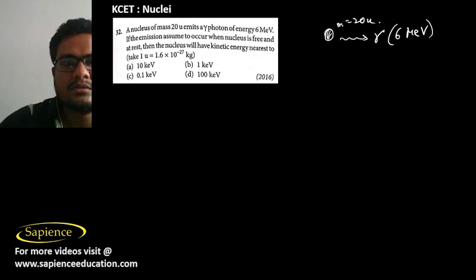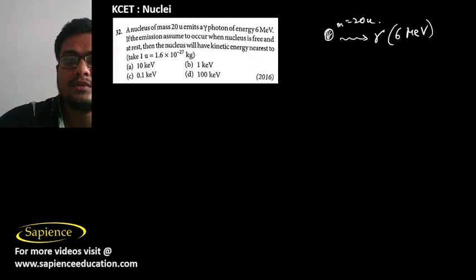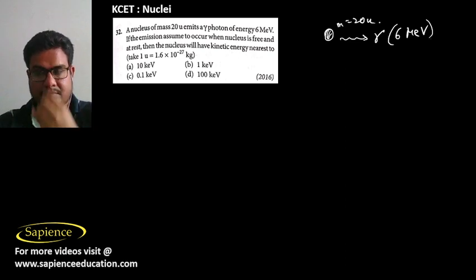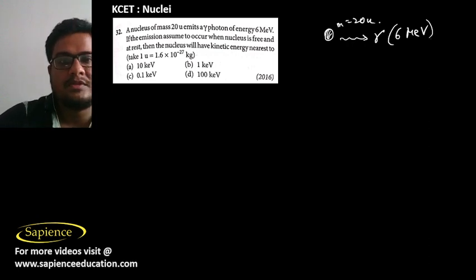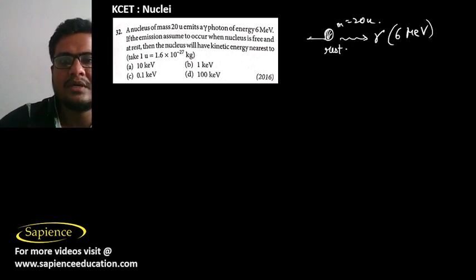If the emission is assumed to occur when the nucleus is free and at rest, then the nucleus will have kinetic energy nearest to what? So it will have some kinetic energy also.